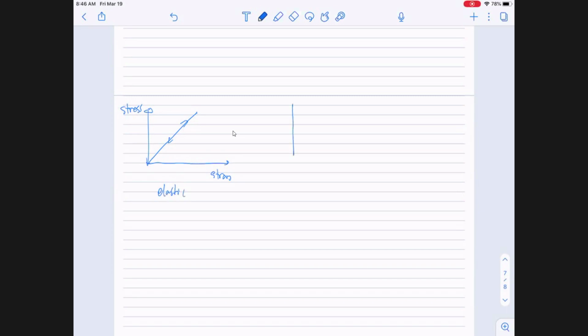For another one, if you give a stress and strain this way, after the deformation we go back along this path. So we know this part, one, two.